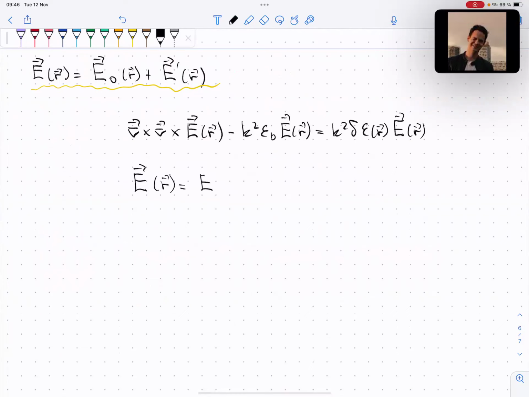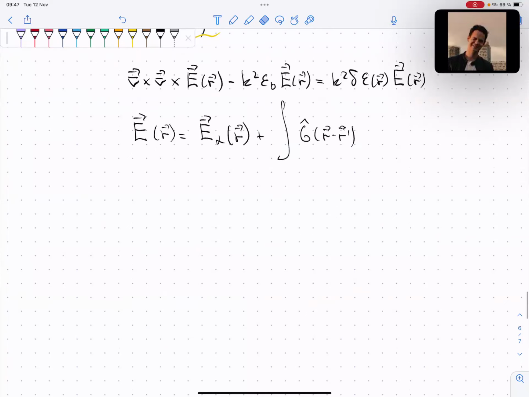It will be some E alpha of r plus the integral of the Green function of r minus r prime, times k squared delta epsilon of r prime, E of r prime, d3r prime.